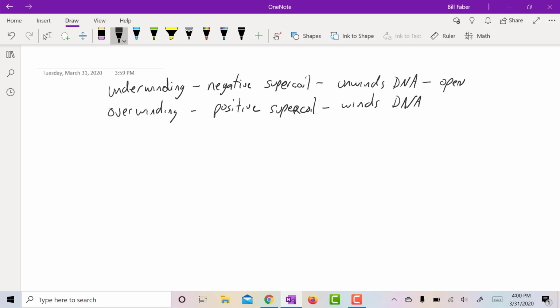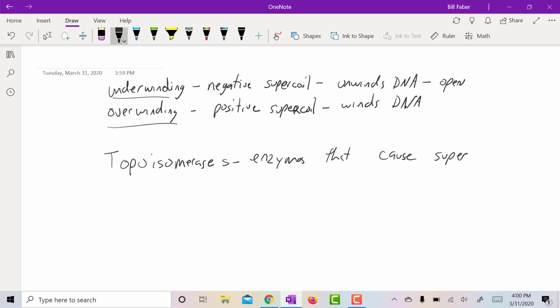So we have enzymes that underwind and overwind, and they're called topoisomerases. And they are enzymes that cause supercoiling. Okay? And so they have a different way. There are different types that we don't care that much about, but they can either break 1 or 2 strands.